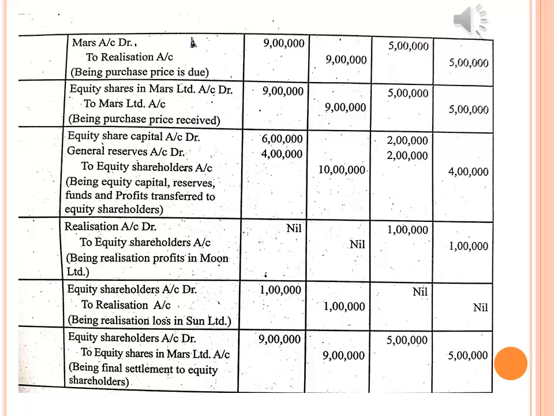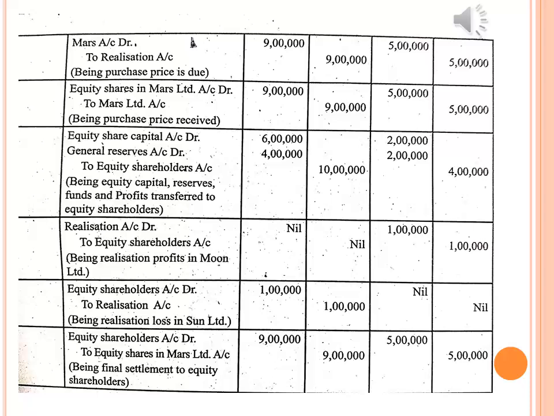Next is transferring the equity share capital and general reserve or any other reserve in the balance sheet to the equity shareholders account. Owner's funds we transfer to the shareholders account: equity share capital 6, general reserve 4, total 10 for Sun; for Moon it is 2, 2 and 4.